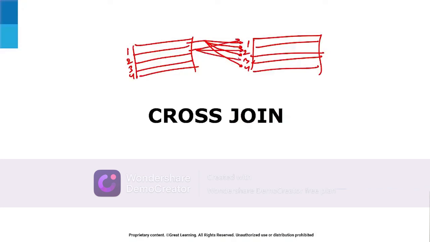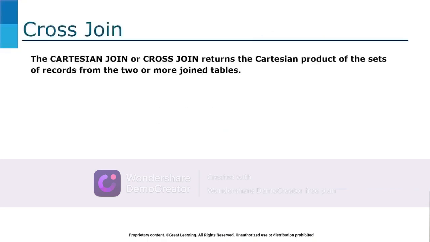So what are we doing here? We are multiplying every row of one table with every row of the other table, right? Have a look. Cartesian join or cross join. This is what we also call Cartesian join or cross join. It returns the Cartesian product of the sets of records from the two or more joined tables.